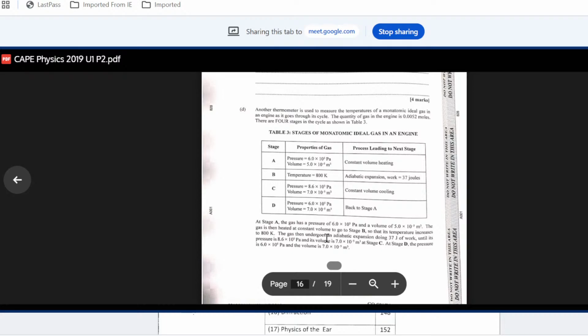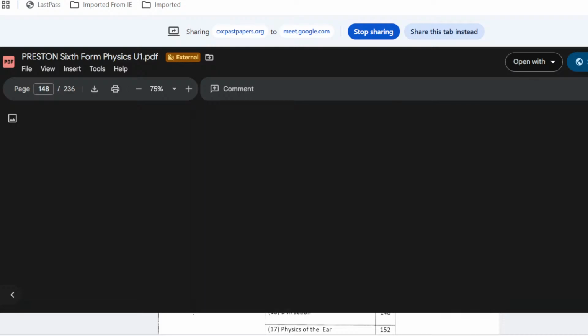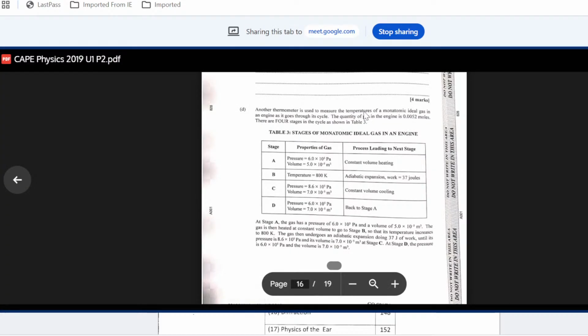So try to see if you can sketch, based on what's being said here, what the diagram would look like just based on the table and what's written below. Sketch the diagram to represent the 4 stages.